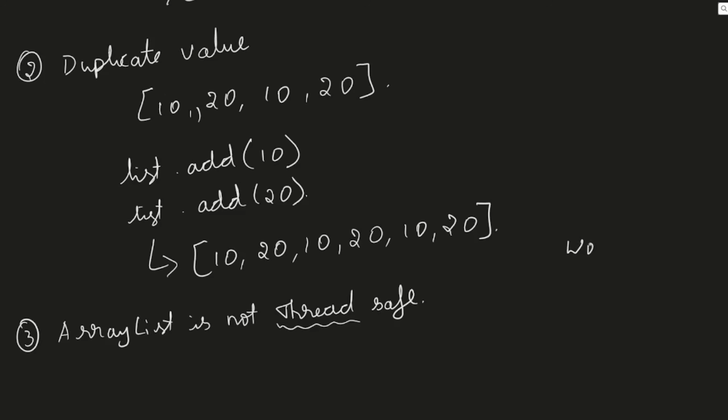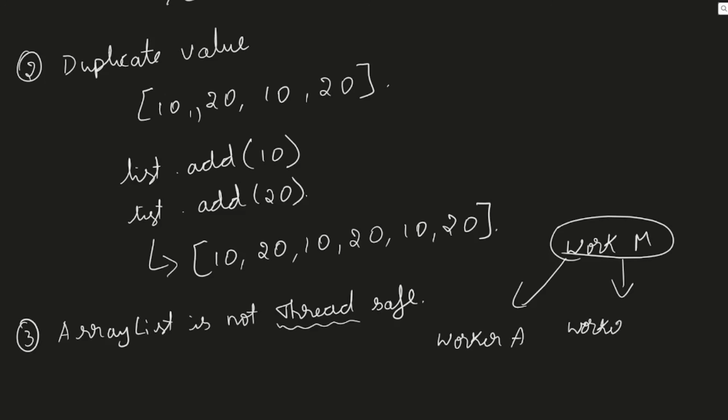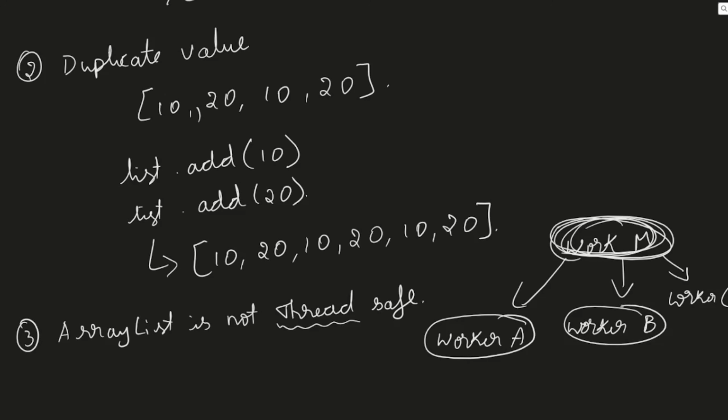Let's take, we have a work M, and we just need worker A, worker B, and worker C to complete this particular work M. So in this example, these workers A, B, C are considered as threads.